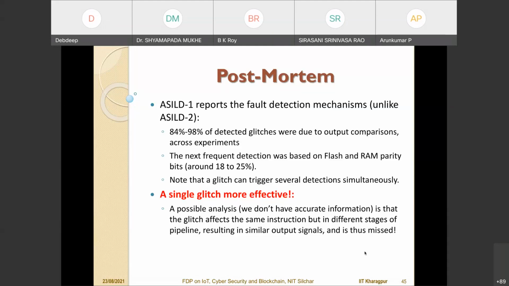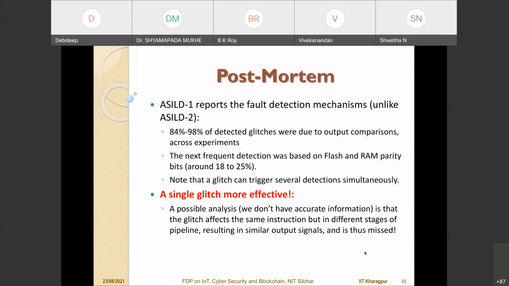So when you inject the fault, it essentially affects both instructions simultaneously, because both of them are residing at the same timestamp in the pipeline, and therefore the fault affects both of them in the same manner. So when you compare, you find that both have the same result, and therefore irrespective of the fault, it is bypassed and not detected by the redundancy check.